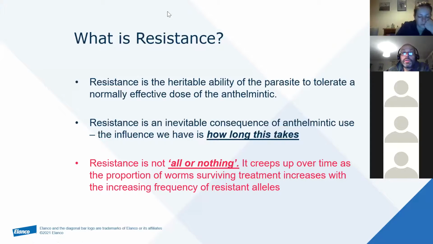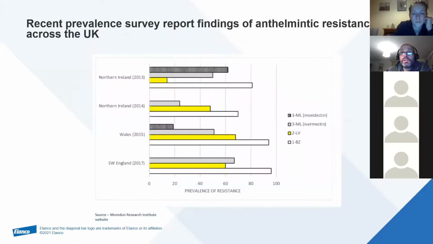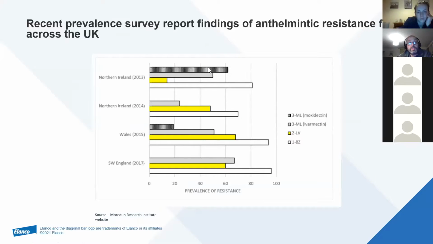So, a question, with these results, is there any point in using white drenches? Well, yes, there is, but we need to know what we're dealing with and which worm species are there. So we're talking about these different resistance levels, so different studies that were done.